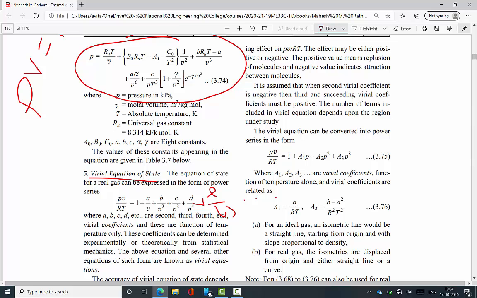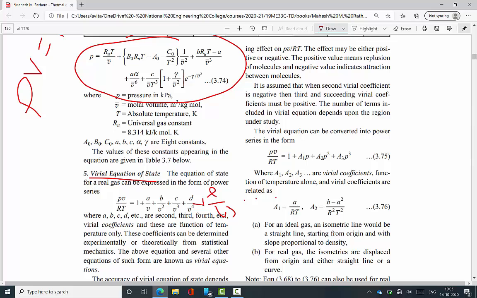These are the other equations of state to define real gases. First one is PV equal to ZRT, or Z equal to PV by RT, with the help of the compressibility factor, which is determined from the chart. That chart also has different errors, but the calculation is very easy. With the other equations of state we calculate accurate values, but those equations are very difficult to understand, because they have too many constants.